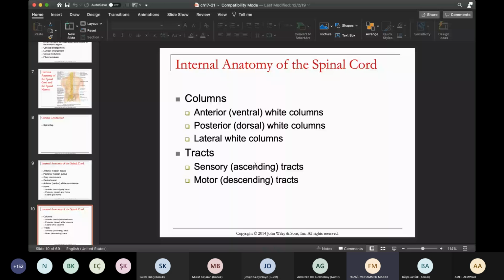Then the tracts of axons that carry impulses downwards, away from the brain, down the spinal cord, are called the descending tracts or motor tracts. Again, sensory and motor tracts of the spinal cord are going to be continuous with sensory and motor tracts in the brain as well.